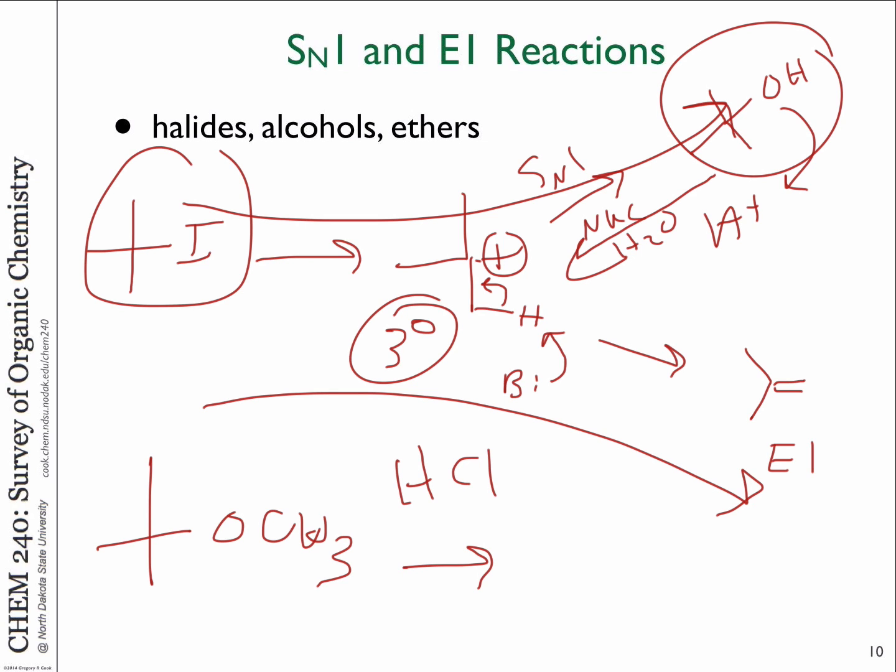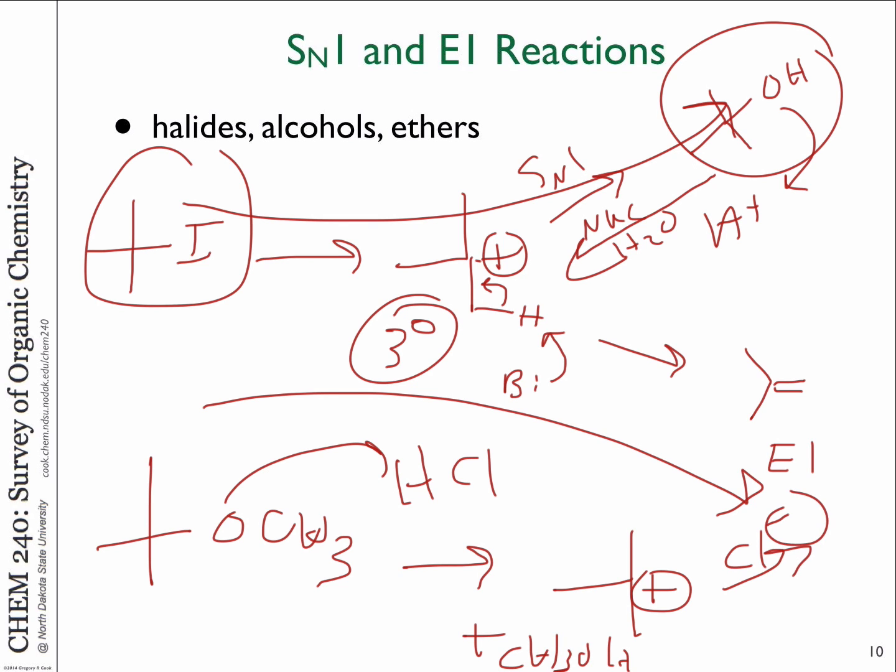So if we do this, you can protonate that OCH3, methanol can come off, and then you could either add chloride to make the chloroalkane, or you could eliminate the hydrogen to form the double bond. E1 or SN1.